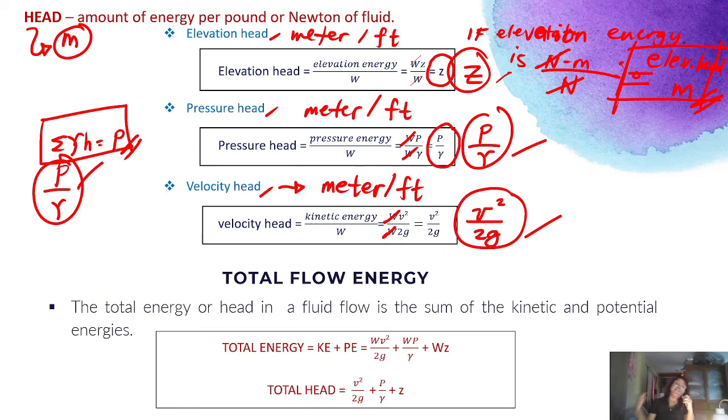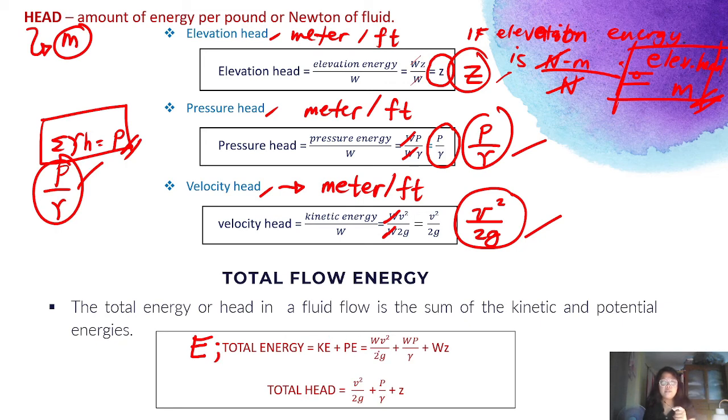Okay. Now, to add that up, kukunin natin yung sum nitong tatlong to, from potential energy to kinetic energy. So, that is now the total energy of the fluid flow. Okay? So, when we say total energy, so that is your big letter E. E now is equal to, syempre, kinetic plus potential.